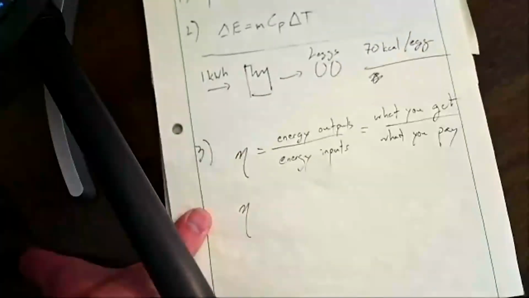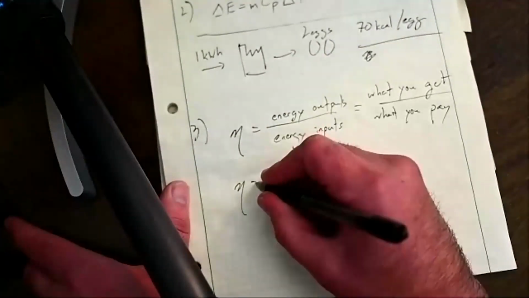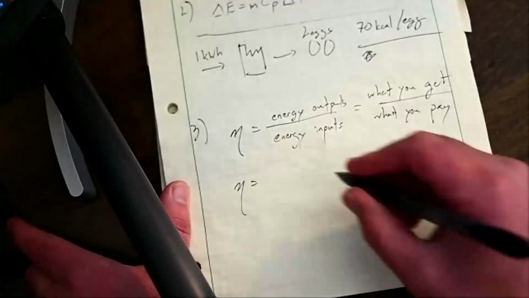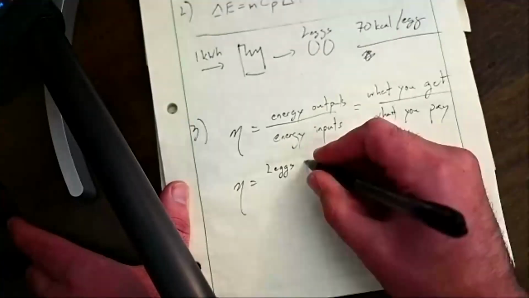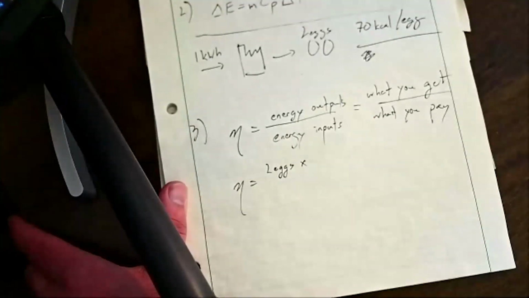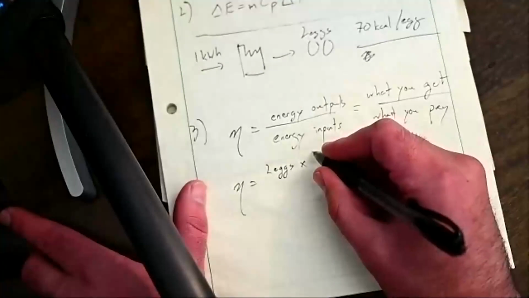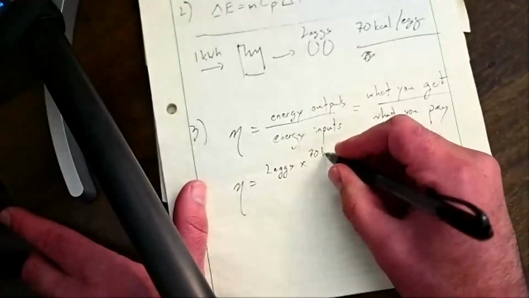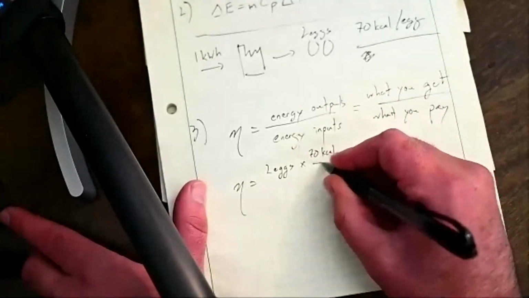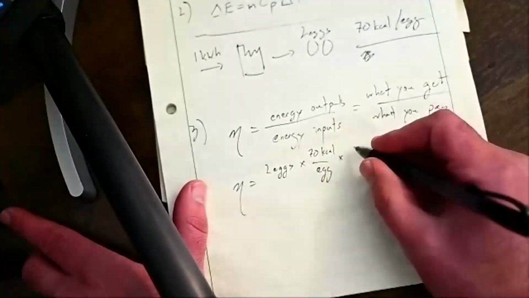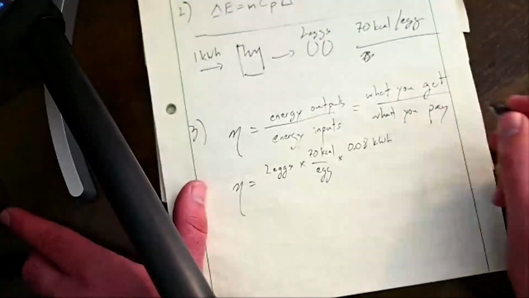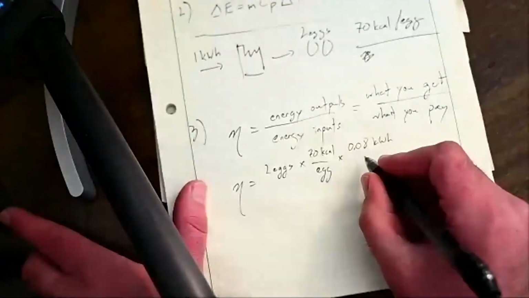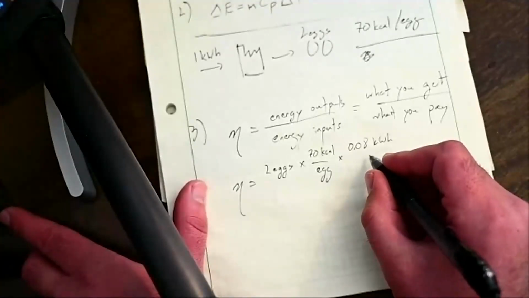So in the case of this chicken, you get 2 eggs, and that's 70 kilocalories per egg. And I won't go through this conversion, but 70 kilocalories is point. I'm sorry, sir.